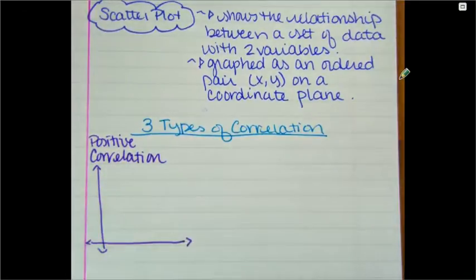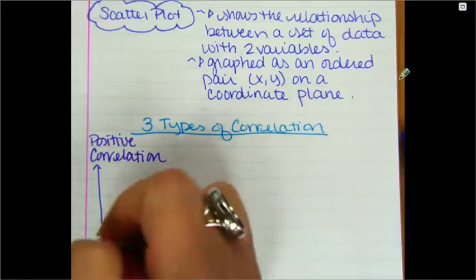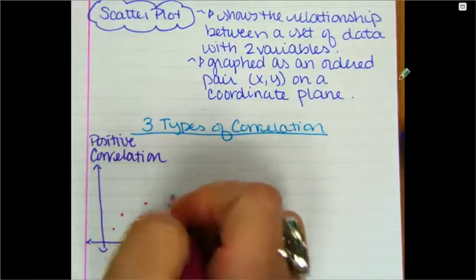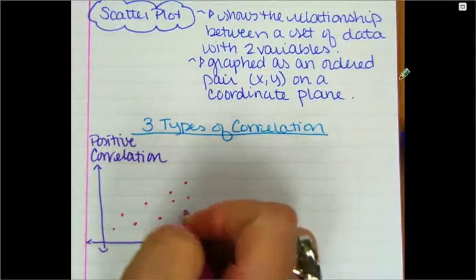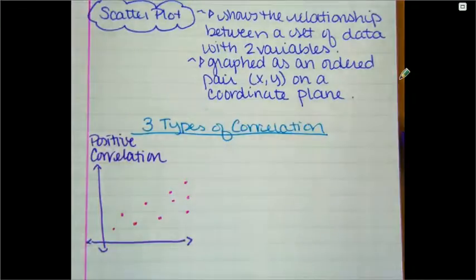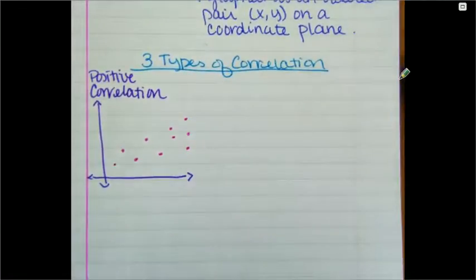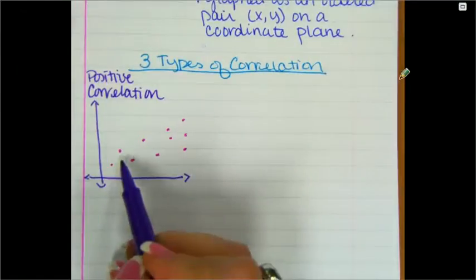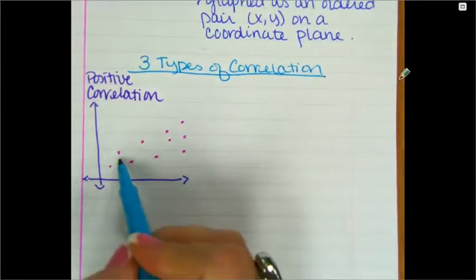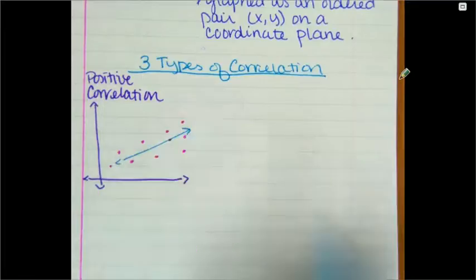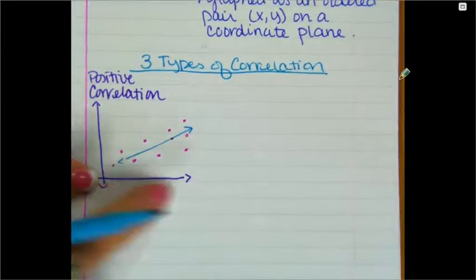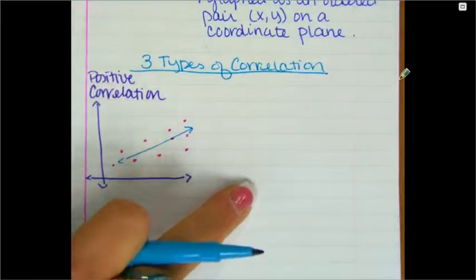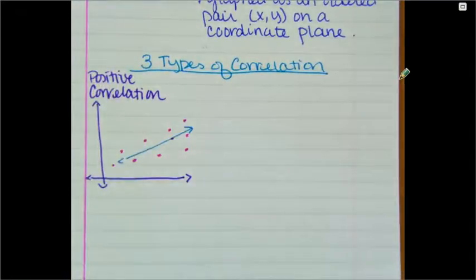When you think of correlation, think of slope. A scatterplot is points all over your graph, but if I'm looking at it, which way does it look like it's going? Looks like it's going up. It looks like it's growing. As I keep going on the x-axis, the y-axis keeps getting taller, right? So it looks like positive slope, therefore it's positive correlation.